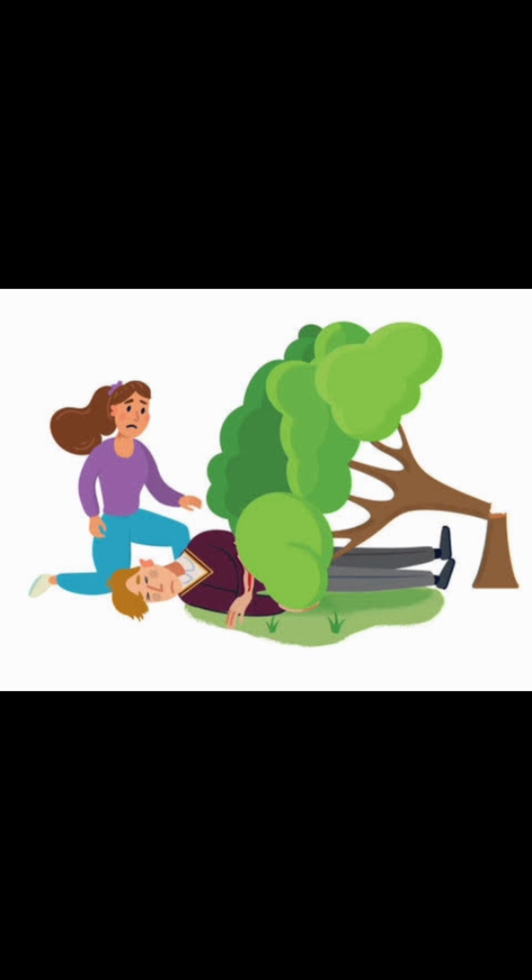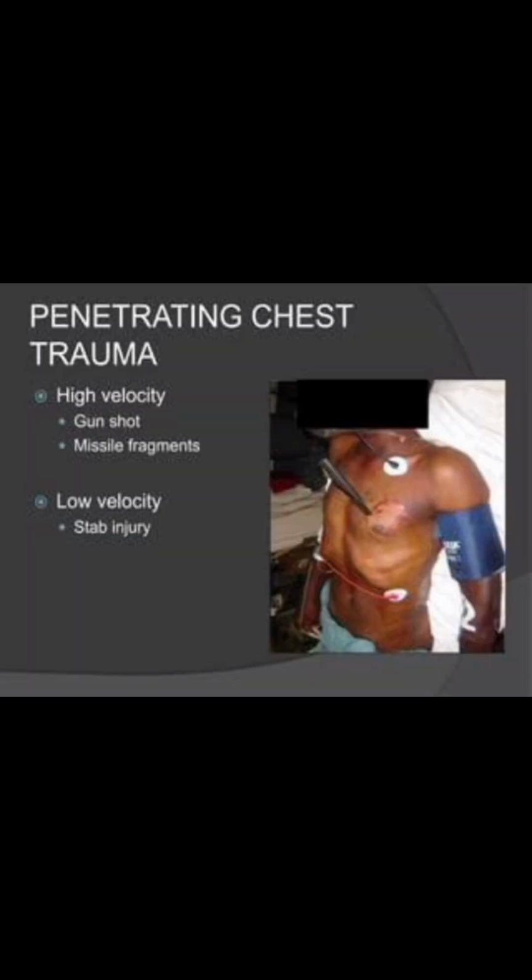Flail chest results from multiple rib fractures causing an unstable chest wall. The diagnosis of flail chest is made on the basis of fracture of two or more ribs in two or more separate locations, causing an unstable segment. The flail segment usually involves anterior or lateral rib fractures.